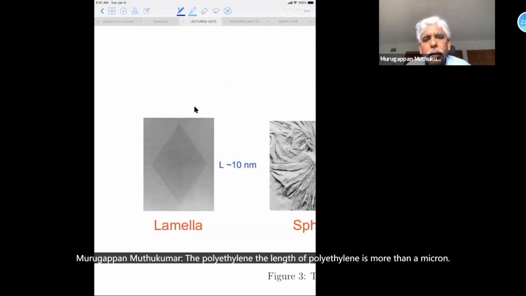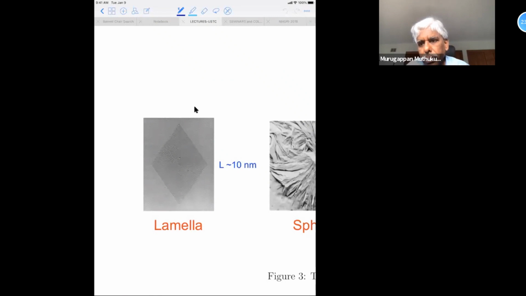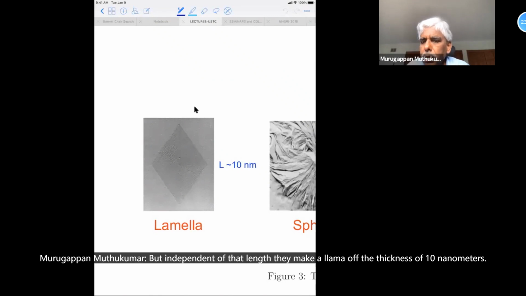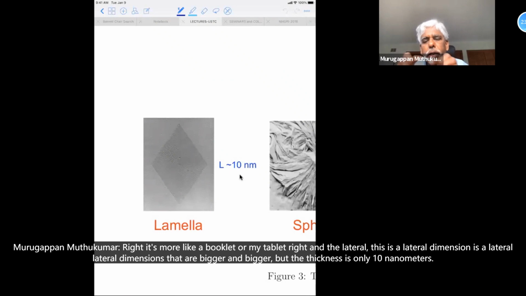The length of polyethylene is more than a micron, 10 to the minus 6 meters. But independent of that length, they make a lamella of a thickness of 10 nanometers. It's more like a booklet or my tablet. And this is a lateral dimension. Lateral dimensions get bigger and bigger, but the thickness is only 10 nanometers.